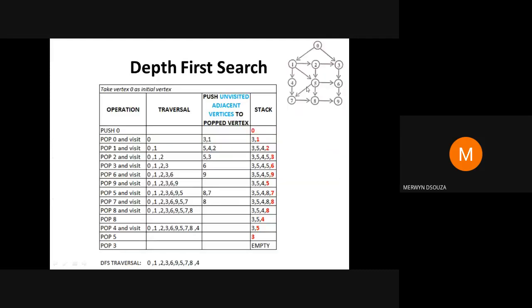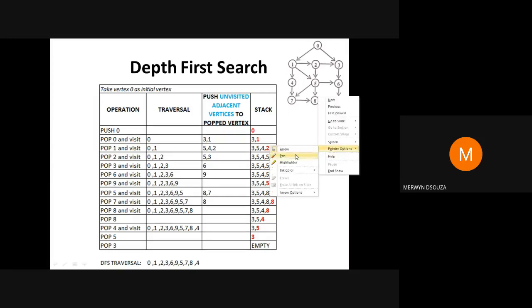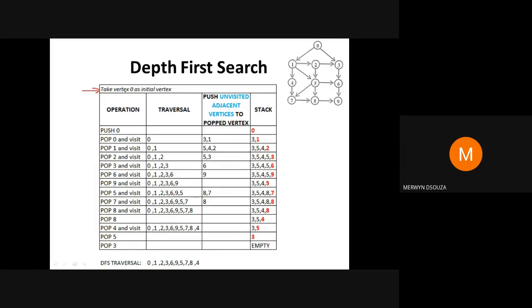So this is your example. I don't know whether this diagram was in the PDF that I shared with you. If it's not there, please draw it in your books quickly. So again, you have to choose your starting vertex. We are taking vertex 0 as our initial vertex. In the exams, you have to mention which is your starting vertex.